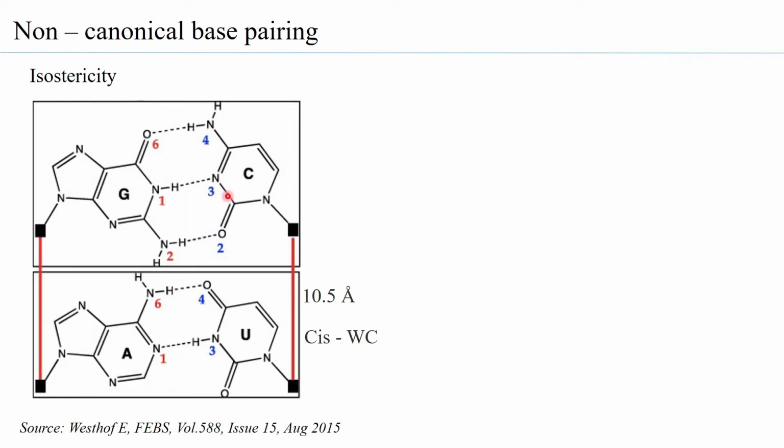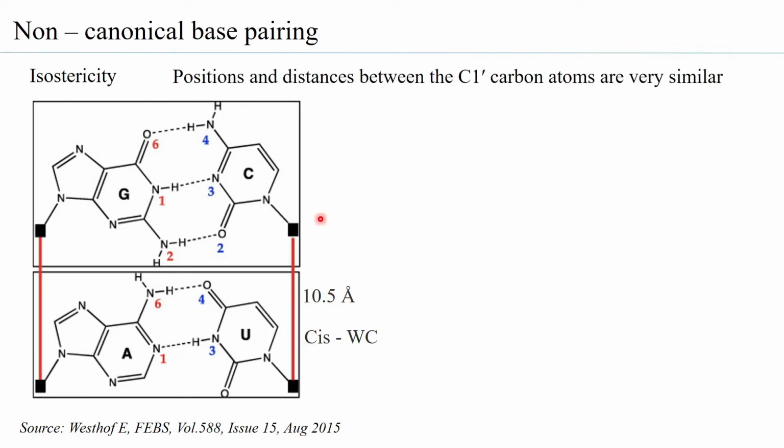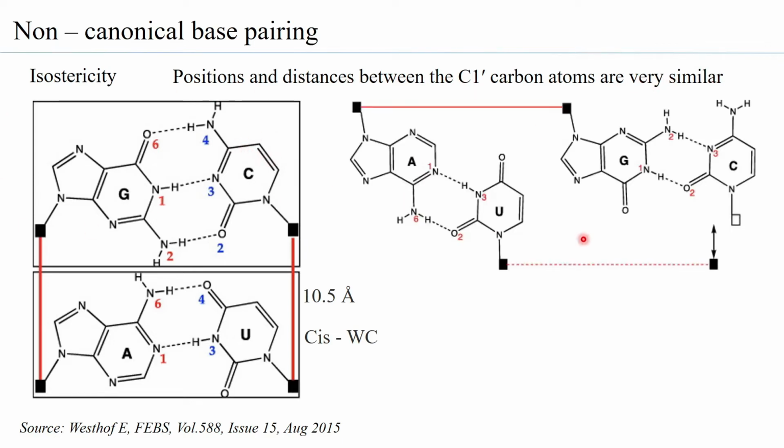So two base pairs are isosteric to each other when they are 10.5 angstroms away and in the cis configuration. So the positions and the distances between the C1 prime carbon atoms are very similar. So if that is the case, then you have the isostericity. Now say for example, let us consider the same base pairs, okay, so the GC and the AU.